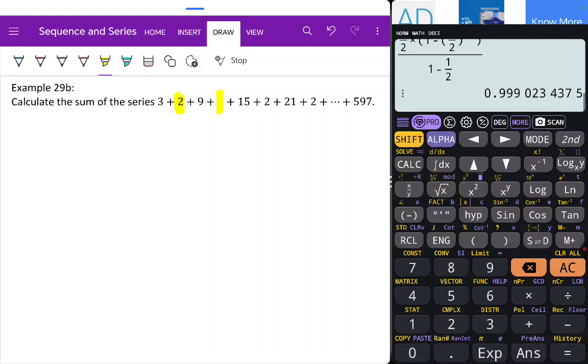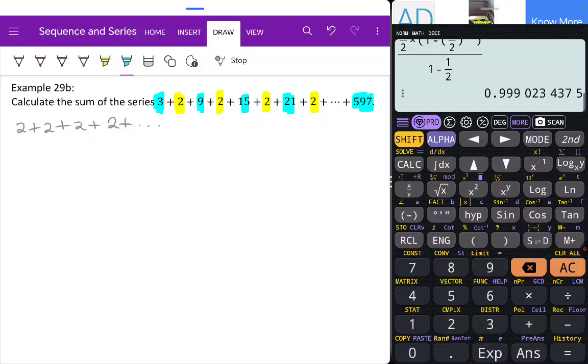So if every second term is 2, we can take those out. So our second series can be 2 plus 2 plus 2 plus 2 ellipsis. And then we have the other one, which is 3, 9, 15, 21, and eventually that 597.